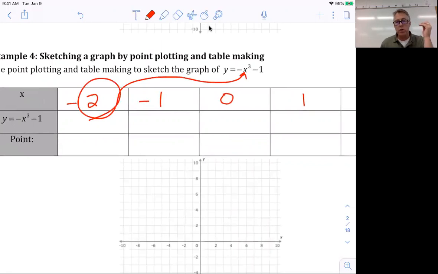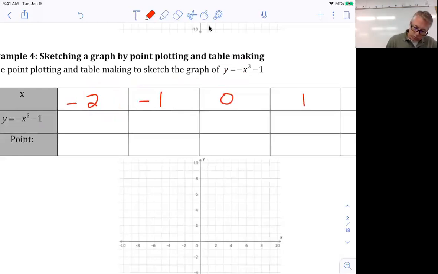We do -2 times -2 times -2. So negative times negative times negative is going to be a -8. And then times this other one will make that +8 minus 1, which is 7. So -2, 7 is a point on the graph, I should say.